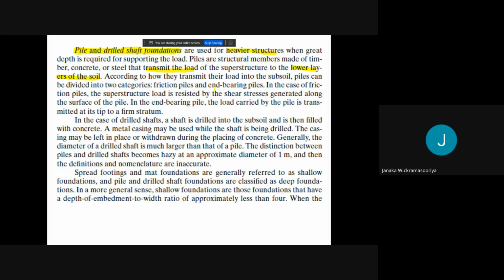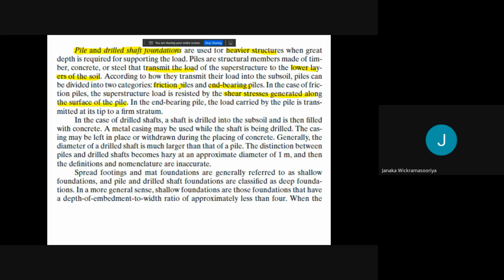According to how they transmit their load into the subsoil, piles can be divided into two categories. We will learn them later, not in this subject. They are friction piles and end-bearing piles. In the case of friction piles, the superstructure load is resisted by the shear stresses generated along the surface of the pile.